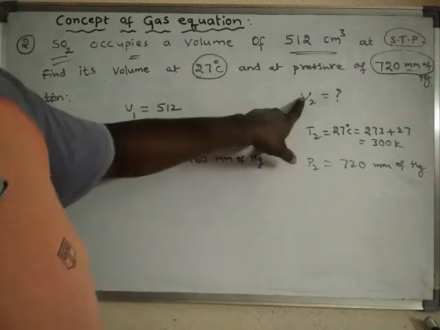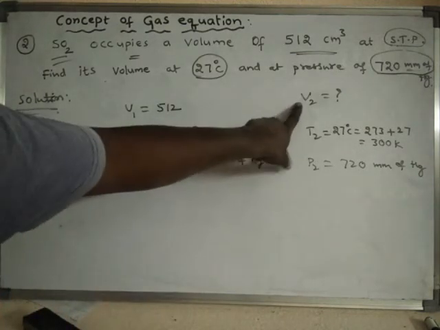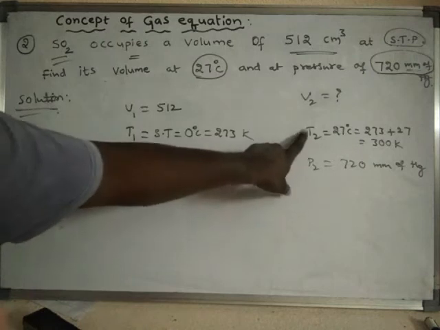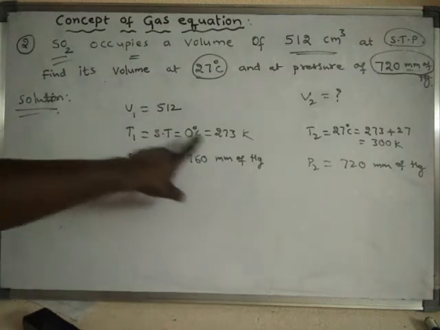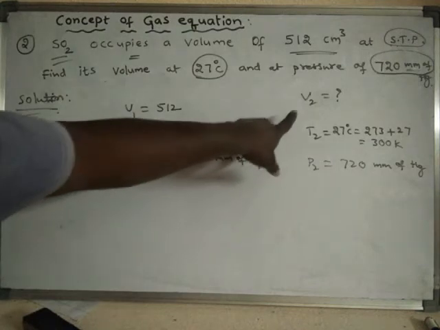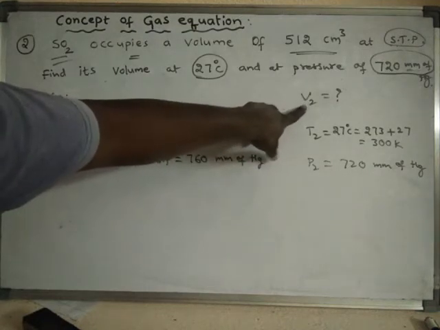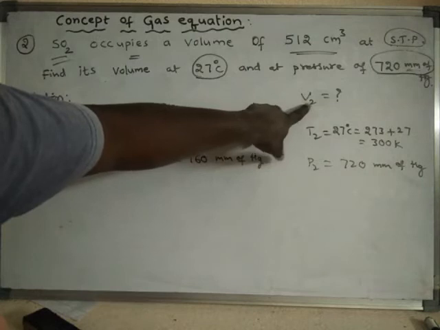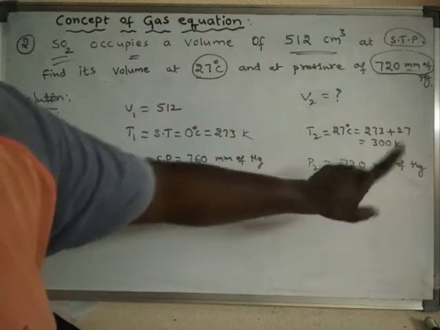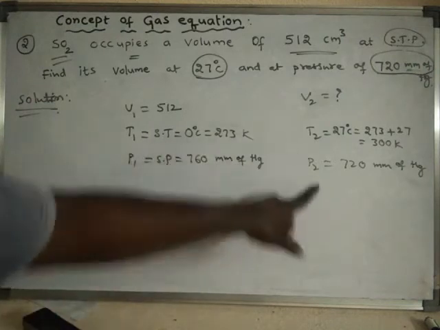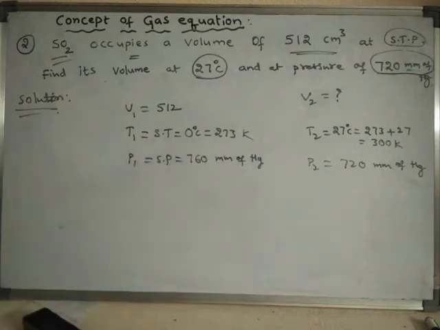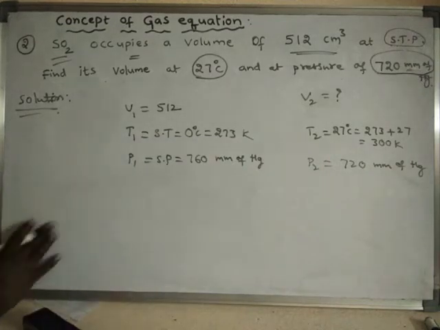Now, in order to know the volume under these conditions, when volume is given under one set of conditions and you need to find the volume under the changed conditions, here two sets of conditions are given. So in order to solve such questions, again we require the combined gas equation. So what is that?